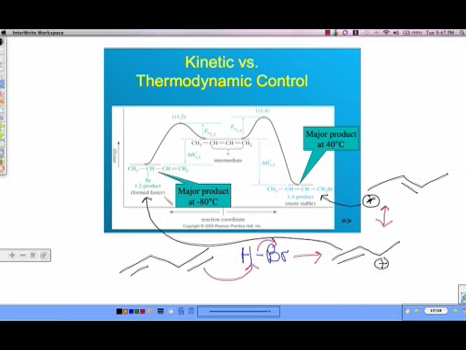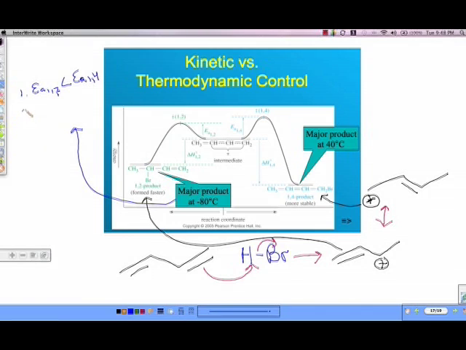The reason for this is a couple fold. EA 1,2 is less than EA 1,4. Therefore, it's a smaller hill, and it's easier for the reaction to go over that smaller hill. So at minus 80 degrees, you only have enough energy, for the most part, to get over the smaller hill.